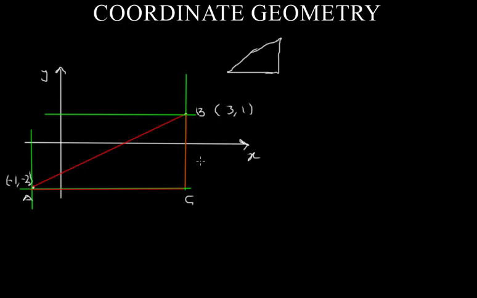So if I was to ask you, what are the coordinates of point C? Point C in the x-axis is lying at 3, and in the y-axis, point C is at -2. So we'd have 3, comma, -2. Right?